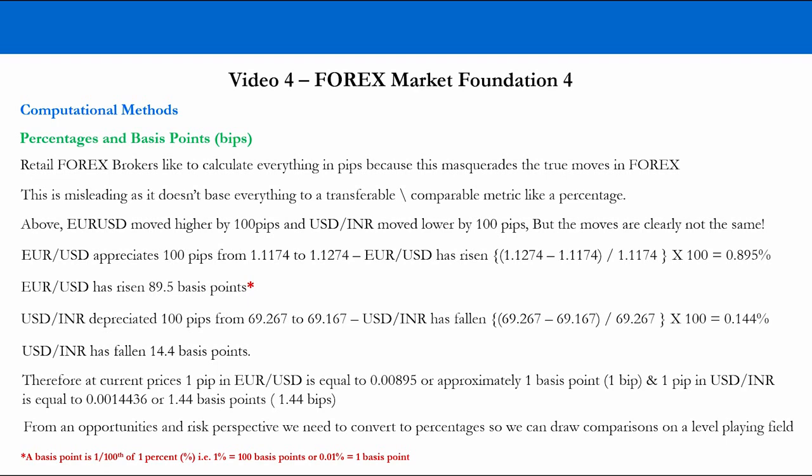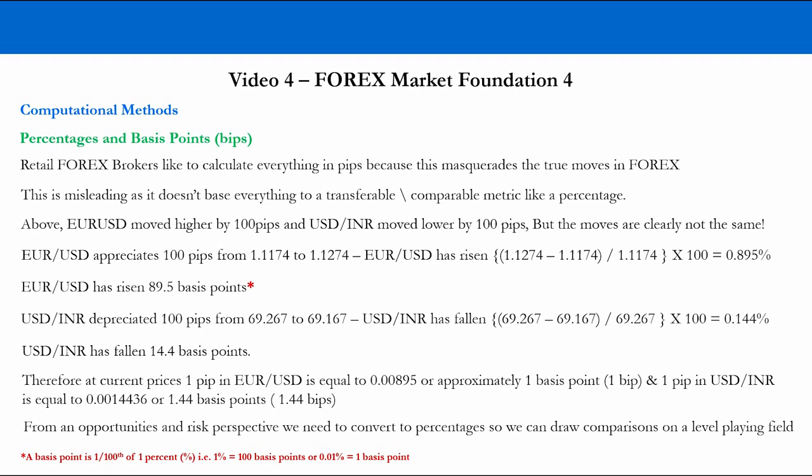So what you're going to find is that retail Forex brokers are going to actually try to calculate or make people try to calculate everything in pips, because it masquerades the true moves in Forex when you compare currency pairs. If you calculate everything in pips, it's misleading because it doesn't base everything to a transferable or comparable metric like a percentage.